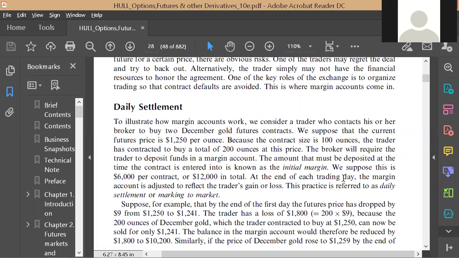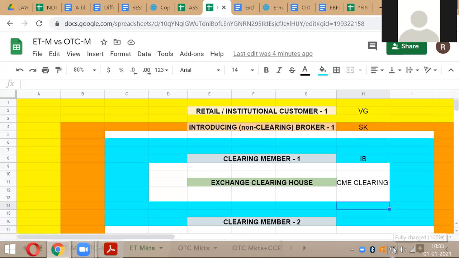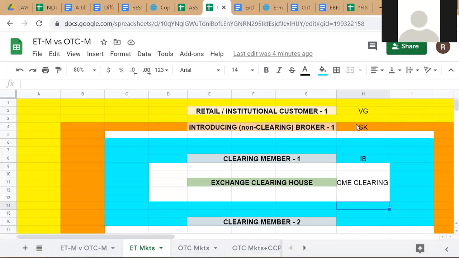Okay, now what happens is, this money, we can see the flow is a little bit different. Vipul has to now ensure that his account with IB is funded via ShareCon. Well, via means money doesn't go via ShareCon, but actually IB is marking it as a ShareCon account. They will be asking ShareCon for the money, and ShareCon will inform Vipul that he has to put up $6,000 per contract.